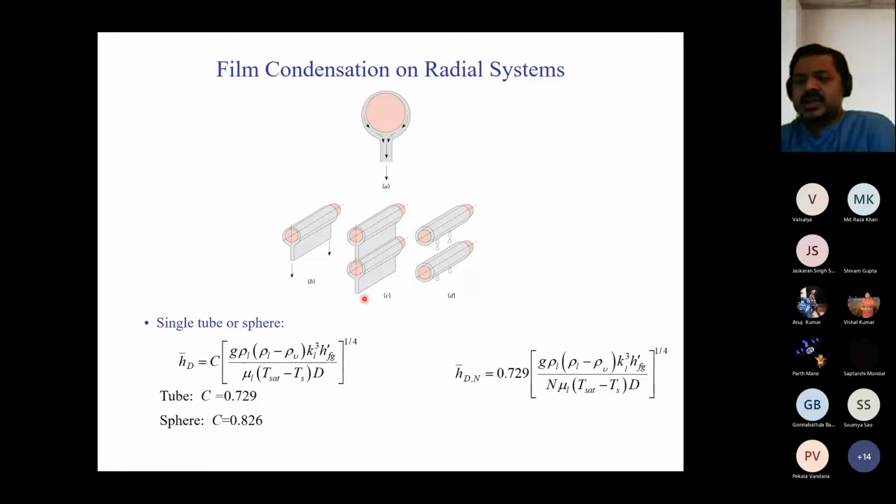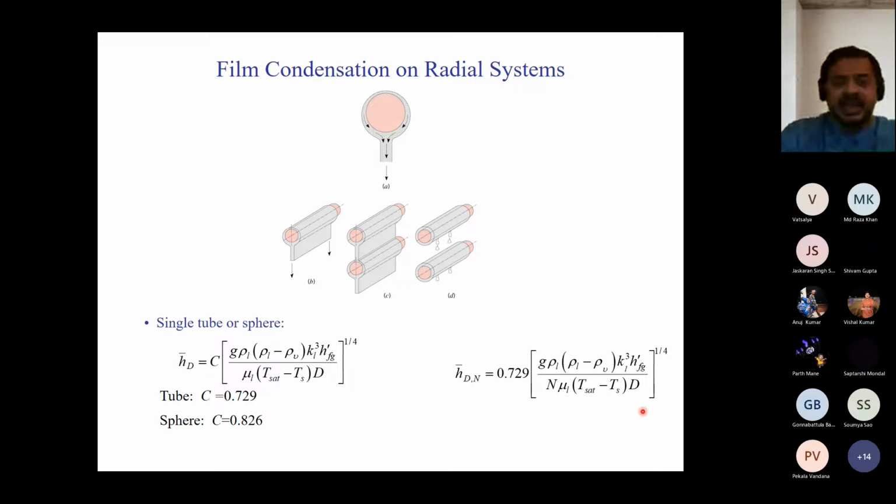Now, the condensate is falling in the form of a film. If the surfaces are non-wetting, it can also form drops, but we are not going to consider that. For film condensation, which I'm showing as C, the picture in the center, the average heat transfer coefficient over the bank of tubes is given by this expression on the right.